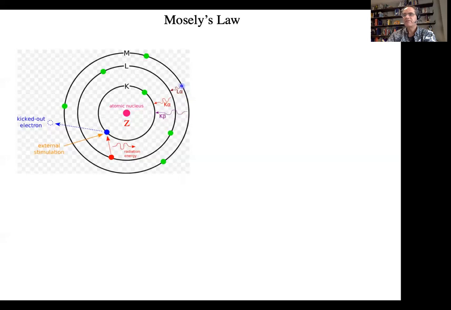If an electron falls from the n equals 3 to n equals 2 shells, that's an L X-ray, and this one would be an L alpha X-ray, okay? Our analysis is mainly going to focus on the K alpha X-rays because they're the simplest to describe. But we'll also talk about K beta X-rays, those that go from n equals 3 to n equals 1.